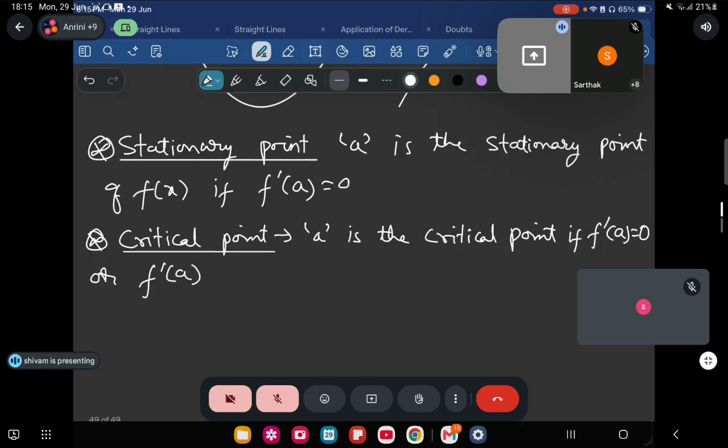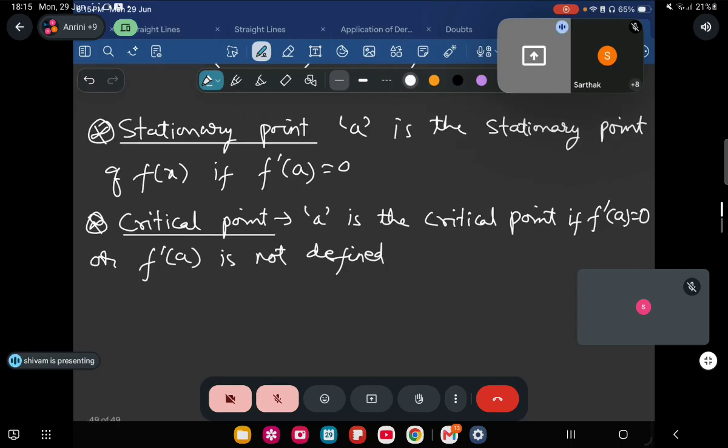In both the cases, you can say A is the critical point, because that will decide the nature of the graph.